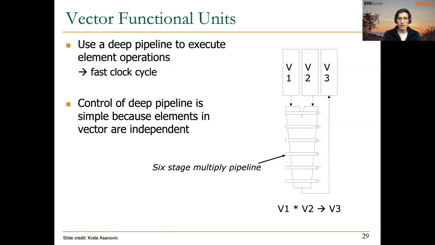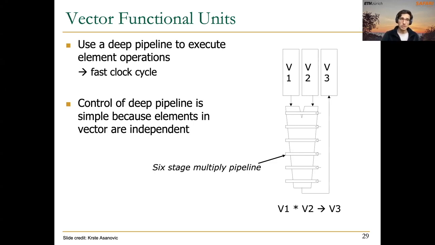But then we can talk more about the vector functional units, and this will also help clarify the idea. We said before we have a long vector, meaning we have multiple elements, and we are going to execute the same instruction on all these elements. This gives us the possibility of pipelining the execution.